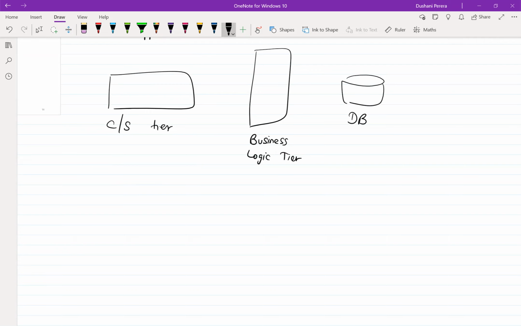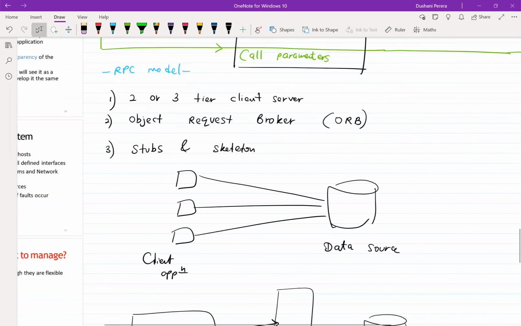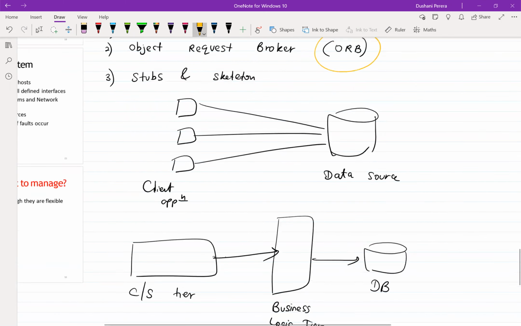So a type of middleware that can be used in the business logic tier is what we mentioned here as the ORB, the object request broker.